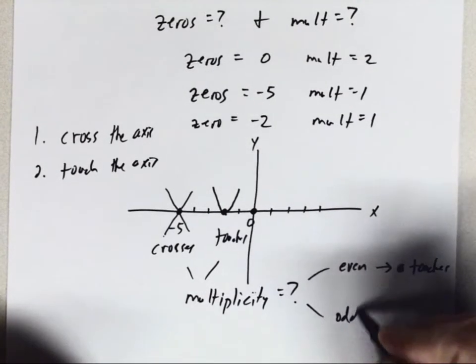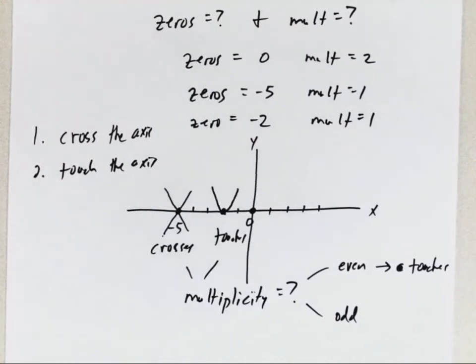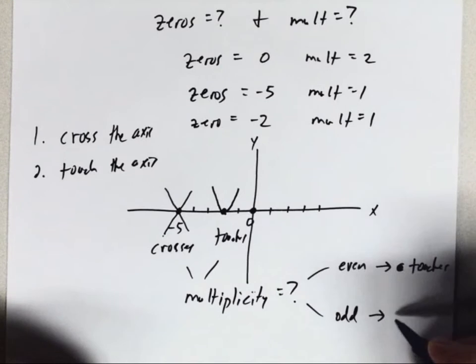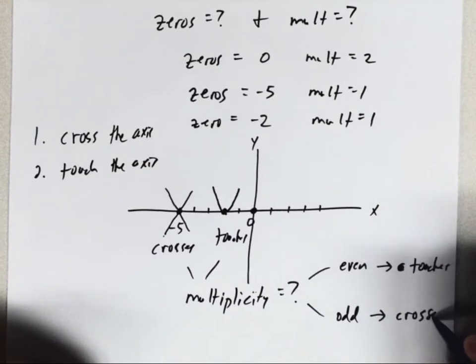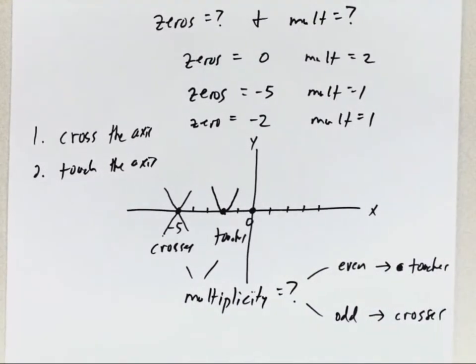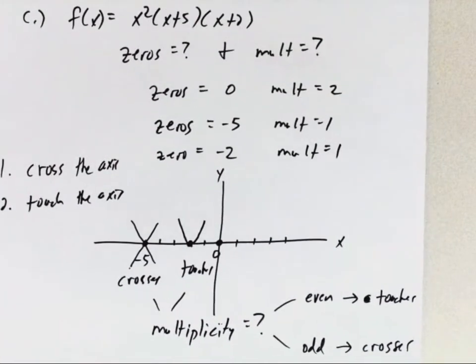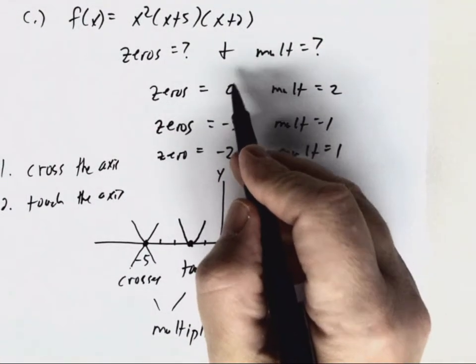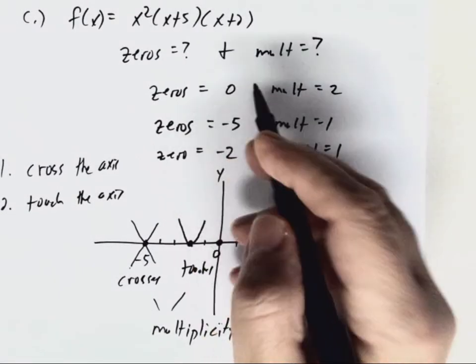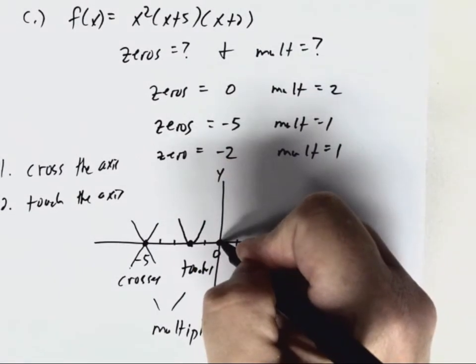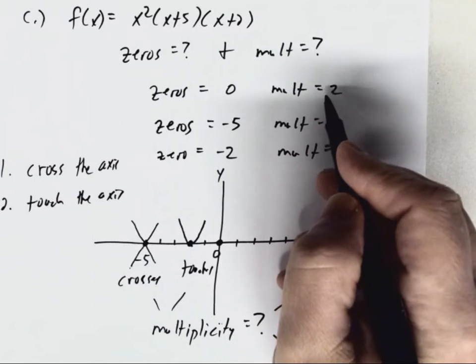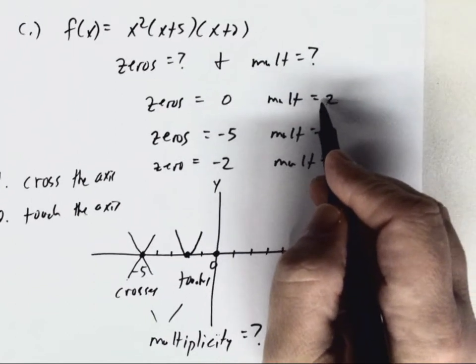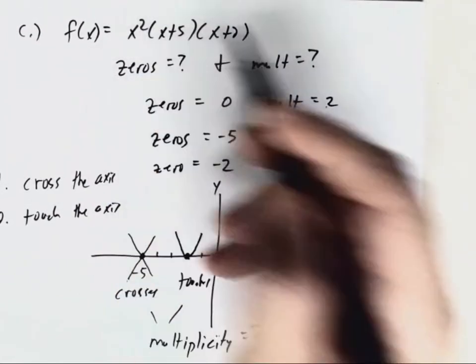And as it turns out, if at that point the multiplicity is an odd number, it crosses. So I can go up here and I can say, for the x-intercept of 0, it has a multiplicity of 2. Remember, I got the multiplicity because that's the exponent.